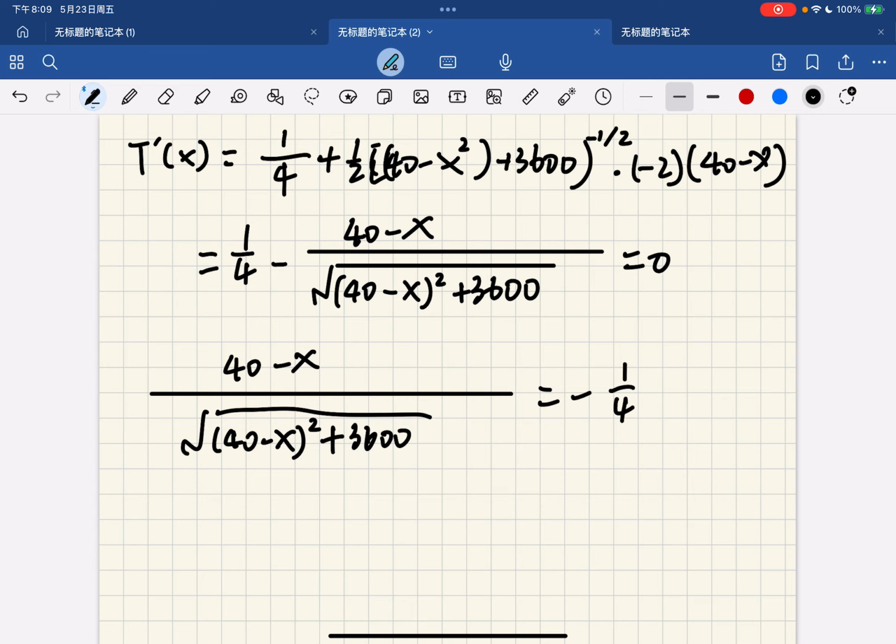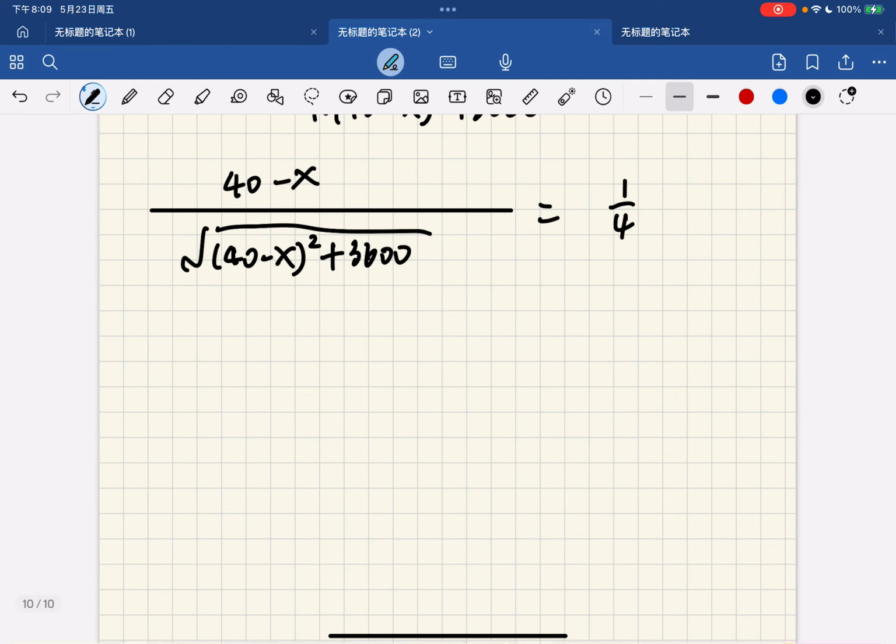And this negative sign could be cancelled, and we can notice that the fraction above and the fraction below both have a 40 minus x, so we can try to cancel this part. You can just move the under part to the right.